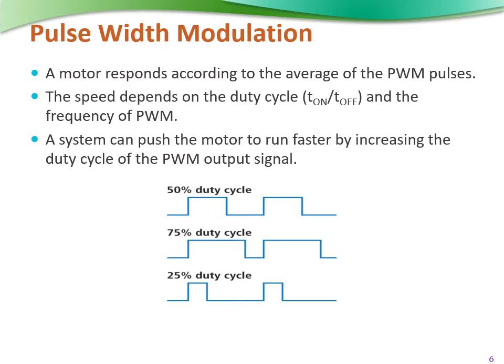If you see in this figure below, the motor with the 75% duty cycle will run faster than the other two. Similarly, the 25% duty cycle will make the associated rotor run the slowest compared to the others.